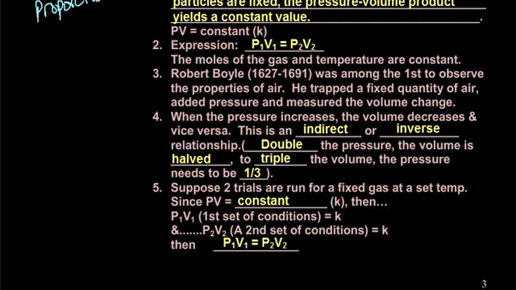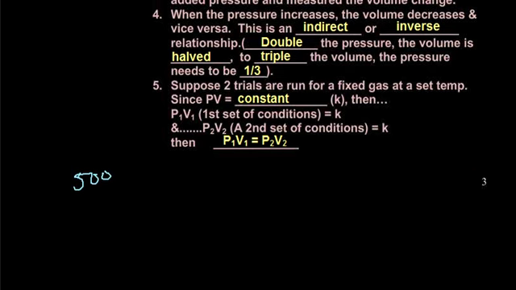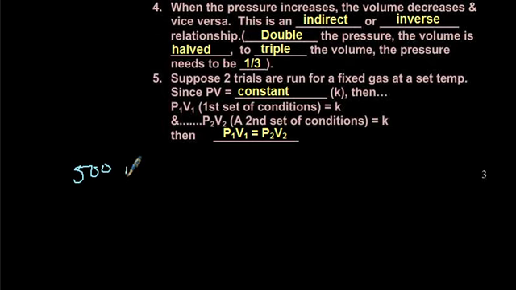And so here's our first example of Boyle's law. Let's say we have a pressure and volume of a gas. Let's say we have 500 milliliters of a gas, and currently it is at 2 atmospheres of pressure.